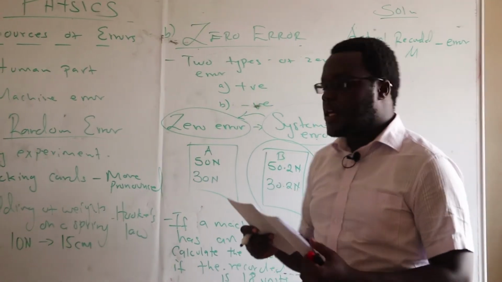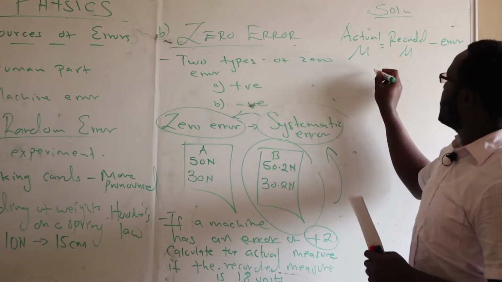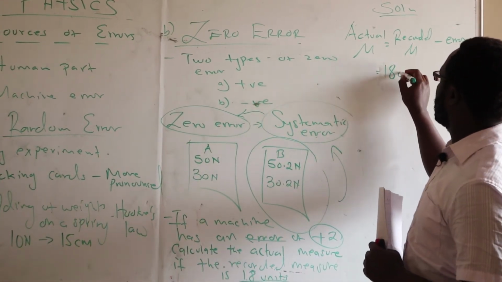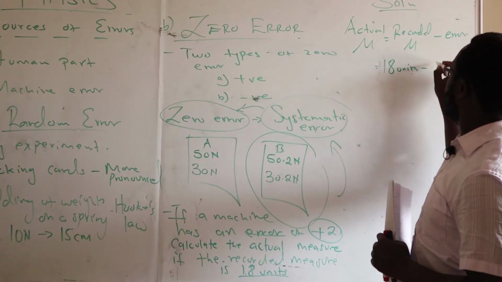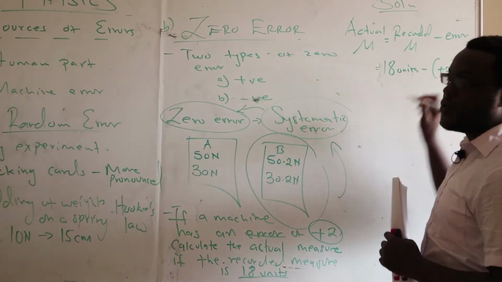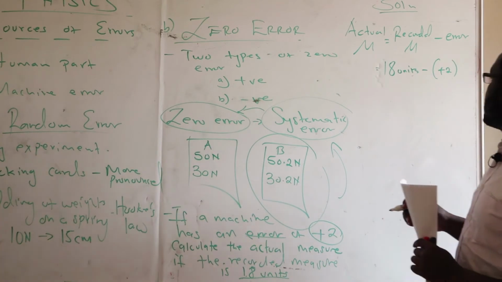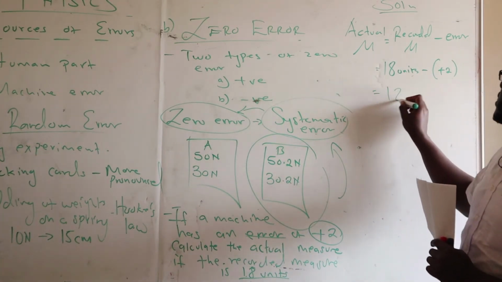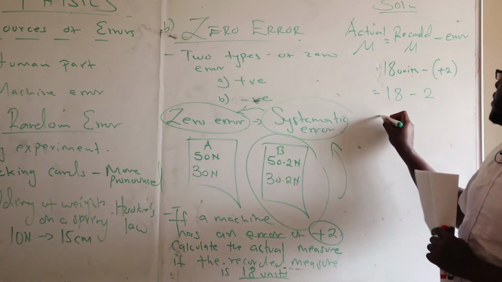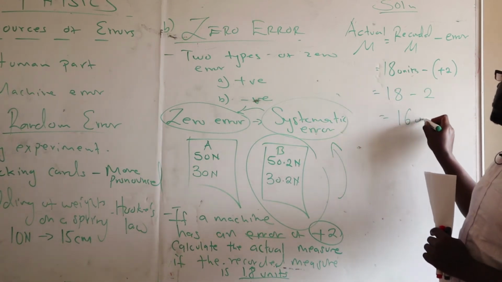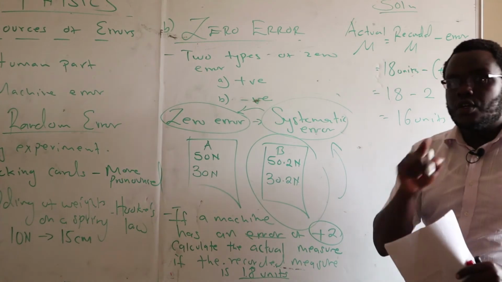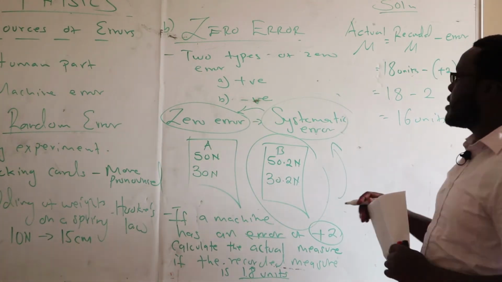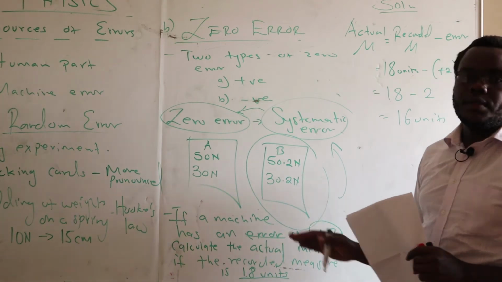So minus the error. Therefore, I'm going to have this as 18 units minus positive 2 units. 18 minus 2 gives us 16 units as the actual units of our object.